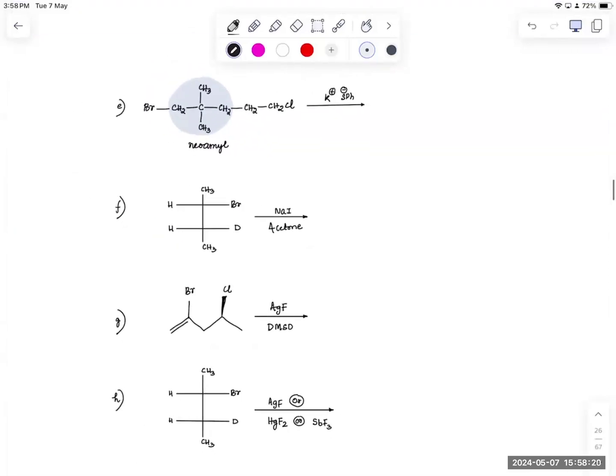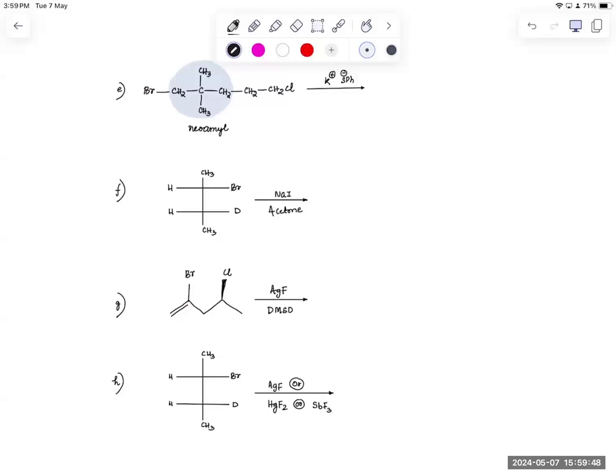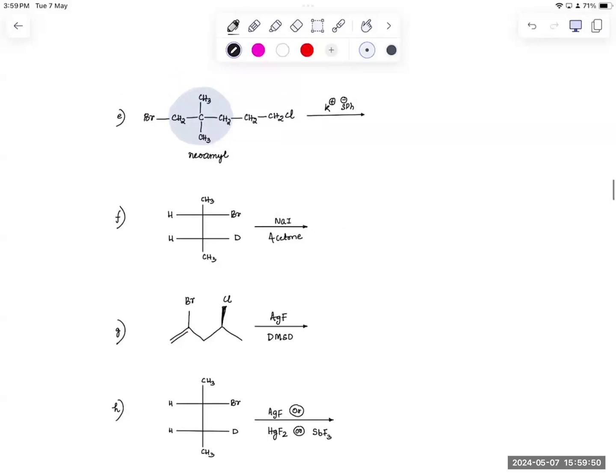Next, see this E, F, G, H, everybody. Try the products. Check now. So what can we do? We could remove either Br or Cl.